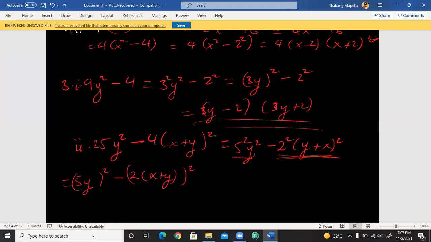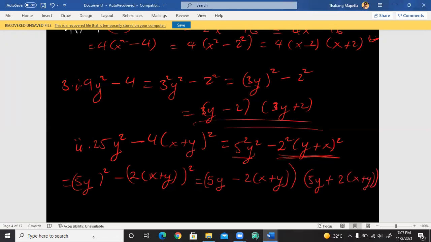Don't be scared of how big it is inside or whatever, just do what you know. Take what is inside and refactor: that is 5y minus 2 times (x plus y), and then the other part is going to be 5y plus 2 times (x plus y).